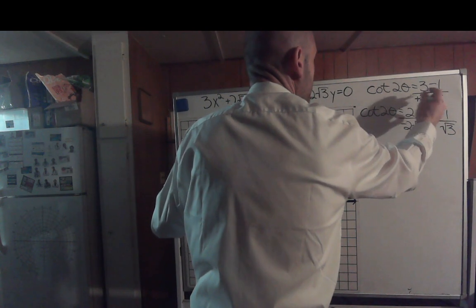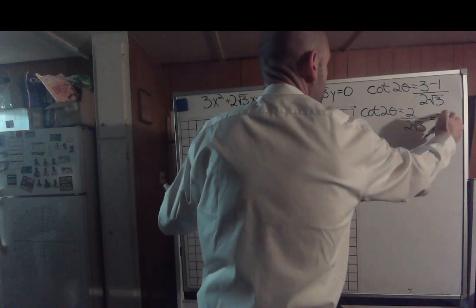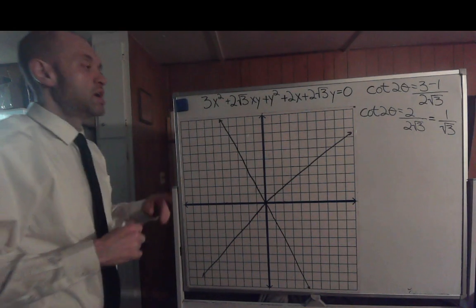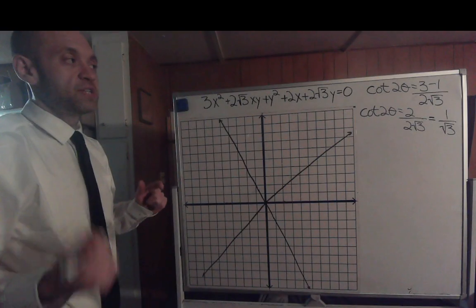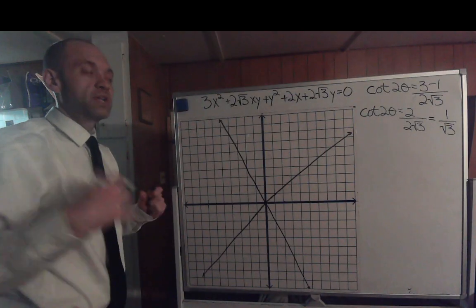I'd rather keep this in the first quadrant. So you would just have positive 1 over the square root of 3. Okay, a cotangent of what angle would give you 1 over the square root of 3?